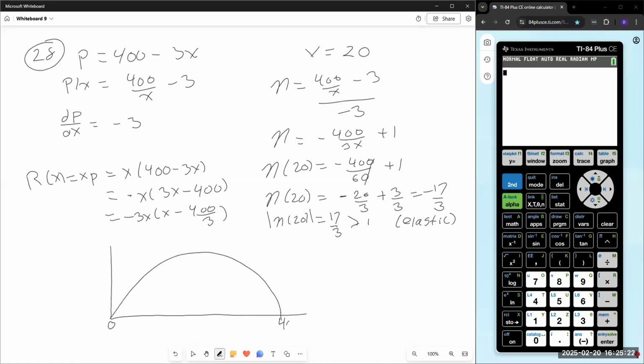We'll call that 400/3. Right here in between, we'll say it's 200/3. It's halfway from 0 to 400/3. And so we are elastic from 0 to 200/3, and we're inelastic from 200/3 to 400/3.